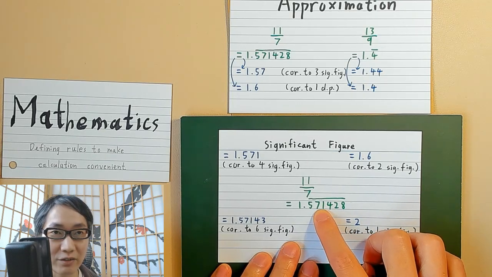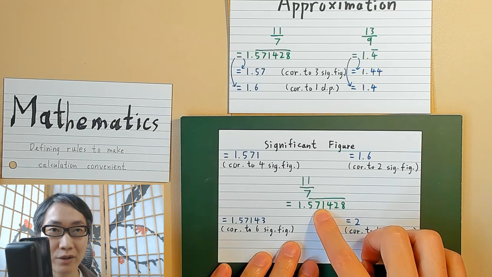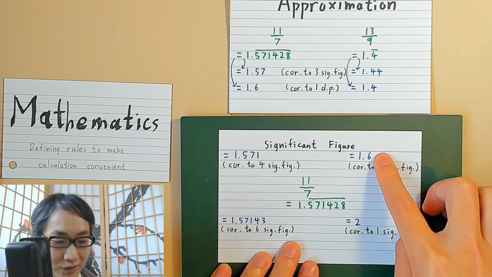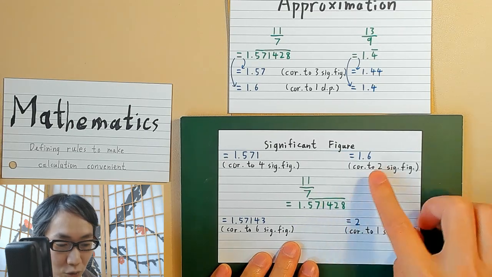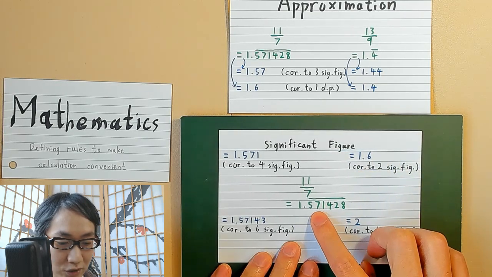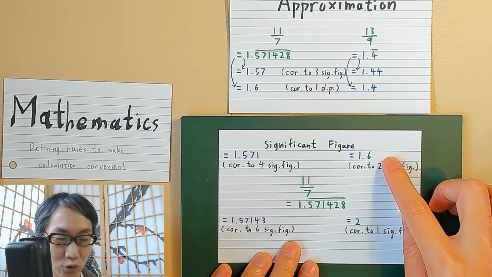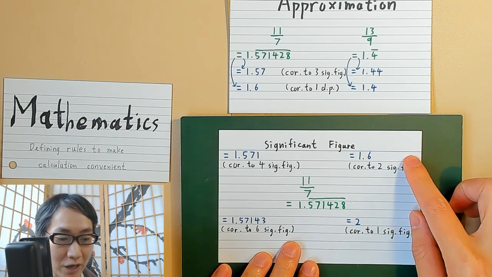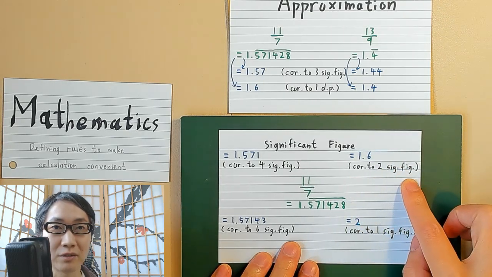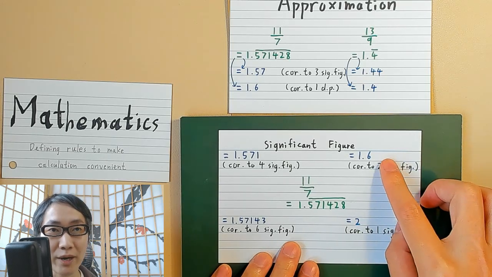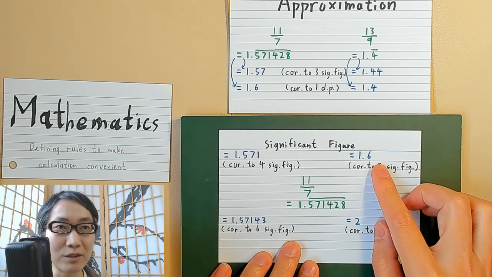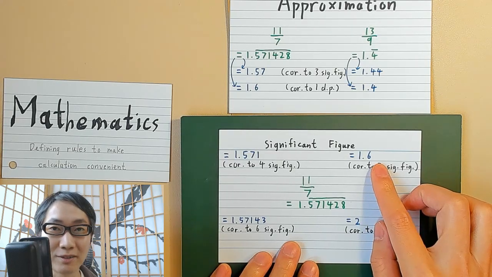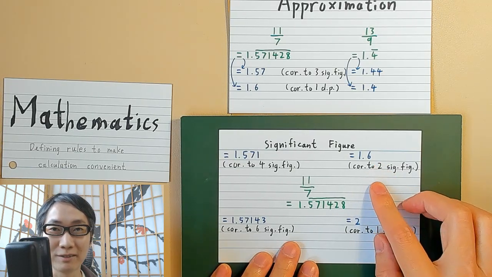So 6, 7, 8, 9 is more than 5. 1.57, this number will be closer to 1.6 than to 1.5. So it would be wrong to say 1.5 here, correct to 2 significant figures. 1.6 will be more accurate. It's not exact, but it is a better approximation because it's more accurate.